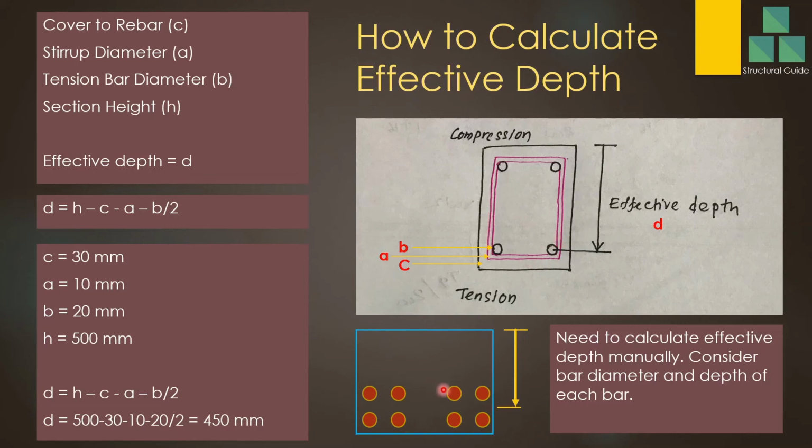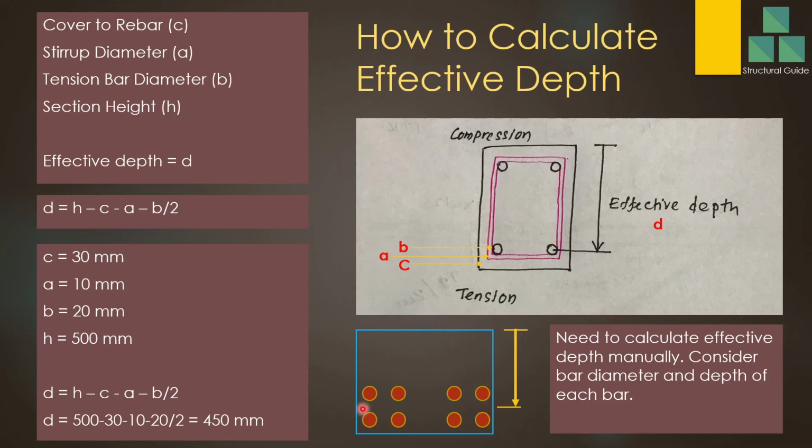What happens if you have several layers? For example, you have 4 numbers of 20 millimeter bars here and 4 numbers of 25 millimeter bars there. Then the effective depth can be considered as the mid height of these two, the center between these two layers.